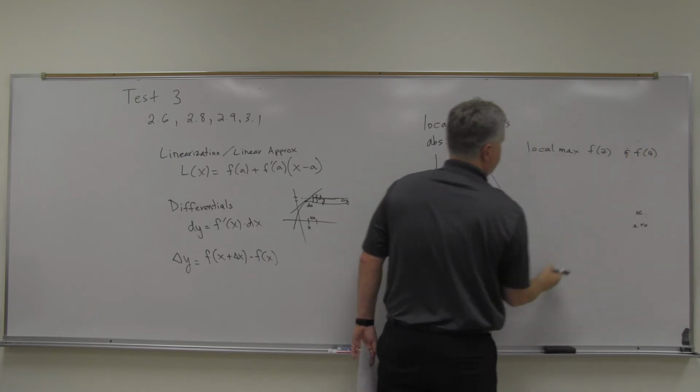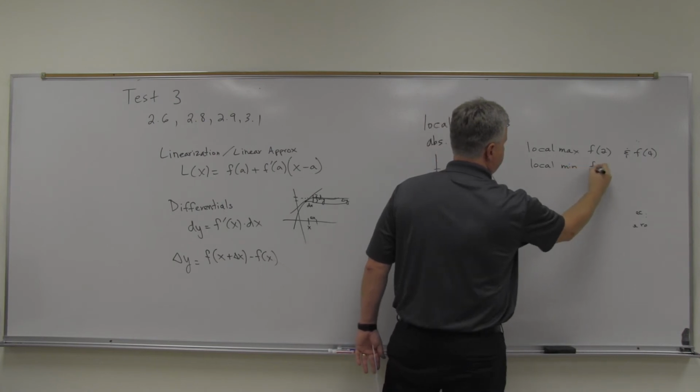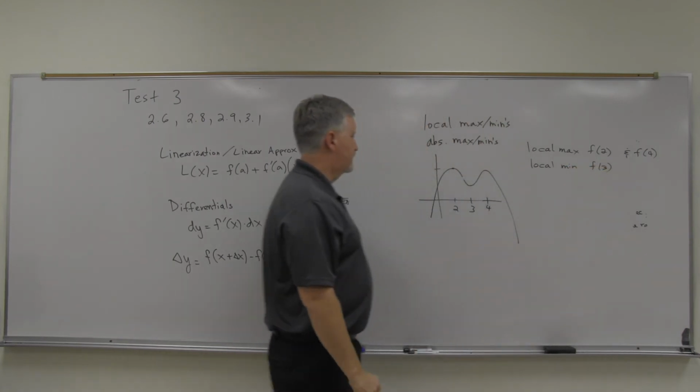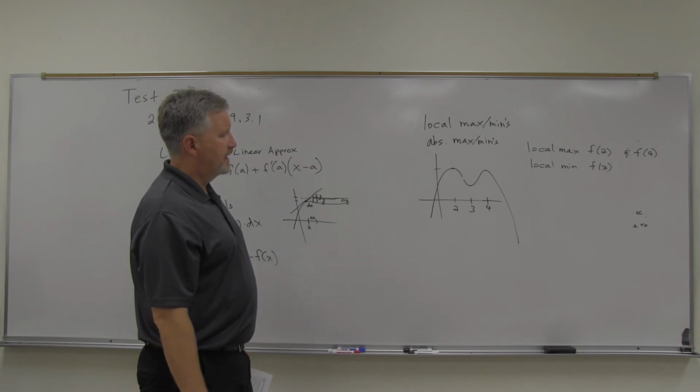So on mine, I've got local maxes f of 2 and f of 4, local min at 3, f of 3. Put the y value, so just call them those.